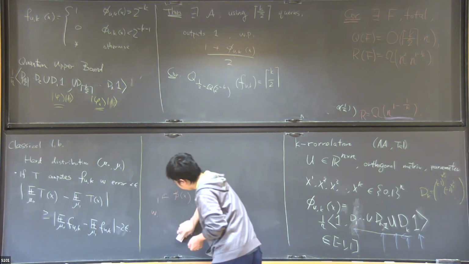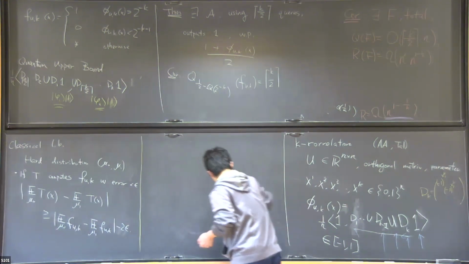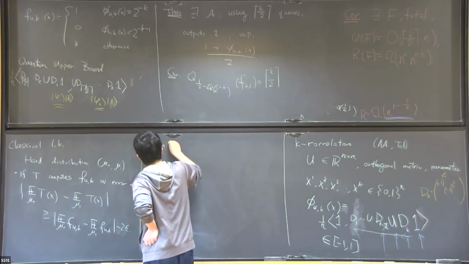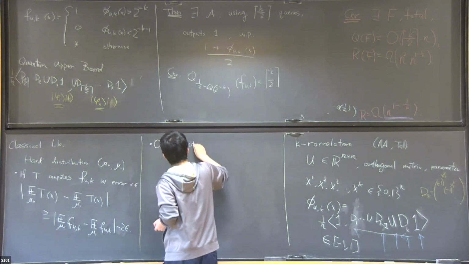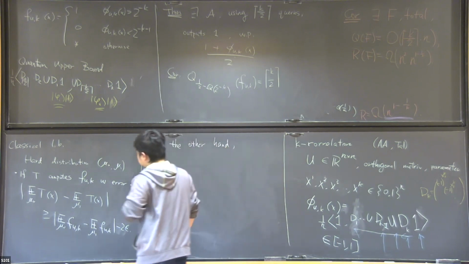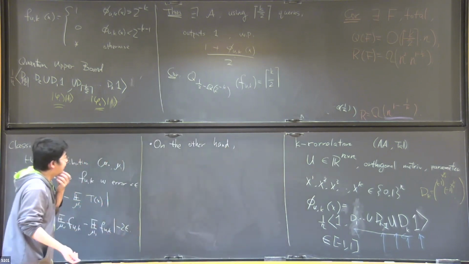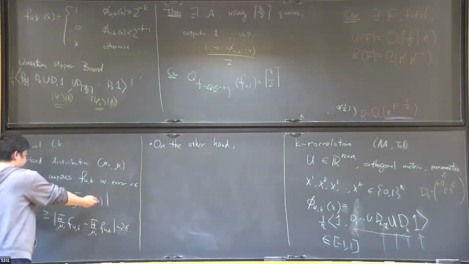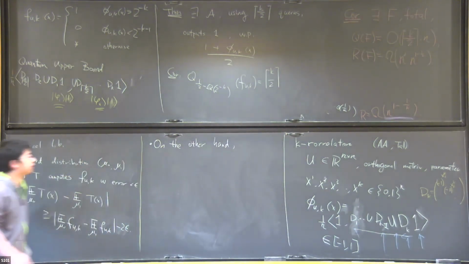Now, on the other hand, for shadow decision trees, we will show that this difference cannot be large.